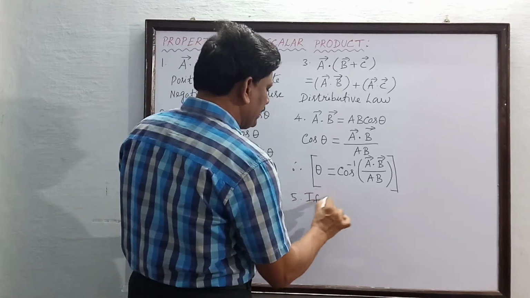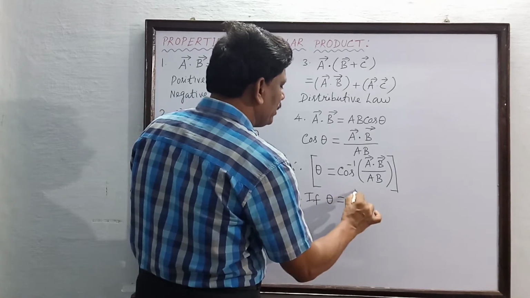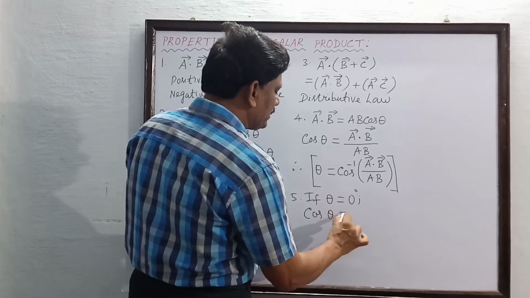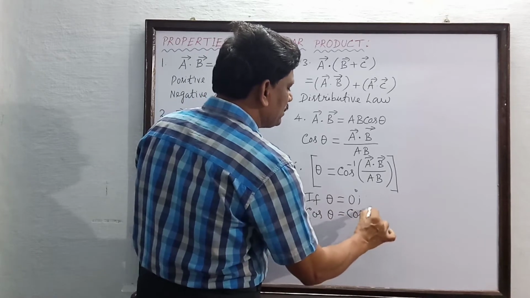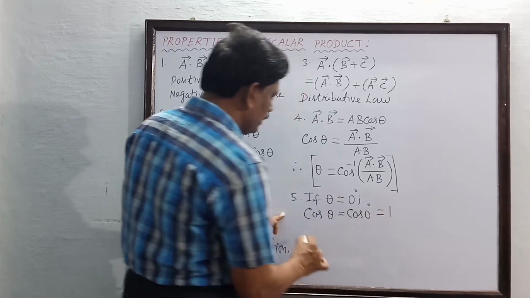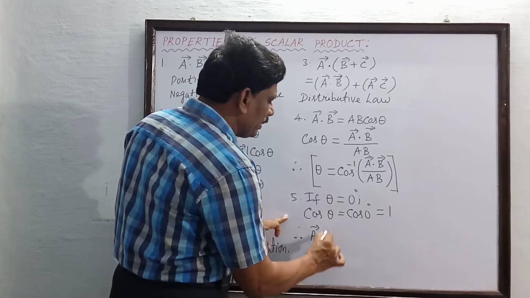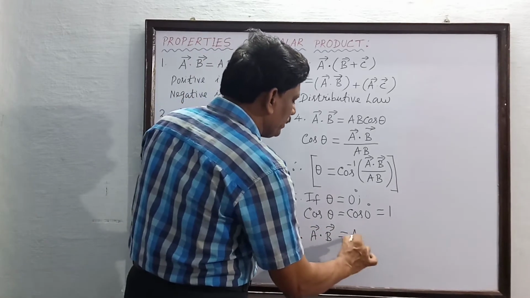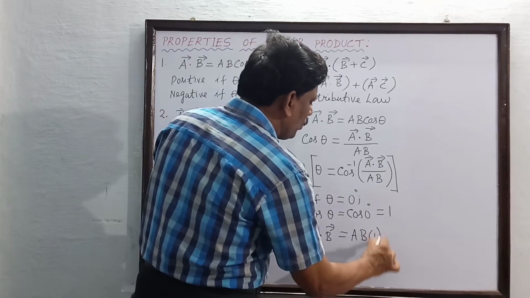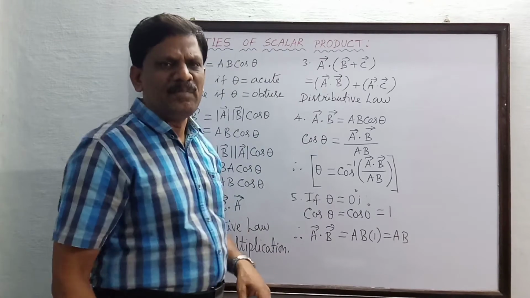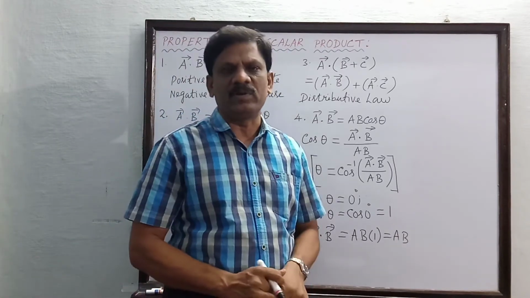If theta is equal to 0 degrees, then what is cos theta equal to? Cos 0 is equal to 1. Therefore, what is A dot B equal to? This is equal to A into B into 1, that is equal to AB. And this is the maximum value of the dot product.